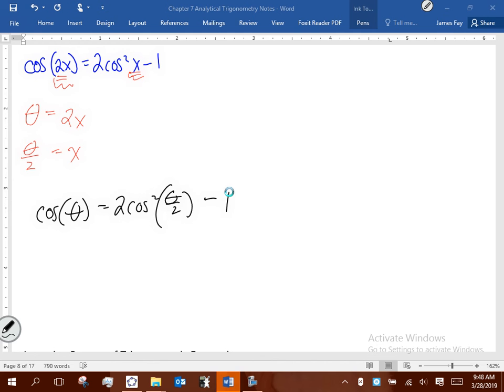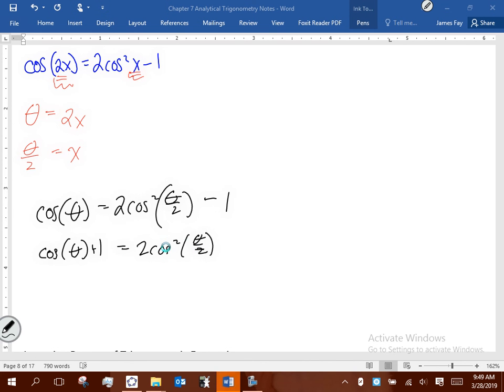Do you see now, visually, that cosine squared of theta over 2, that's a half angle? Our argument is being cut in half, right? So let's solve for that cosine of theta over 2. So I have to add 1 to both sides. It's going to be cosine theta plus 1 equals 2 cosine squared theta over 2.